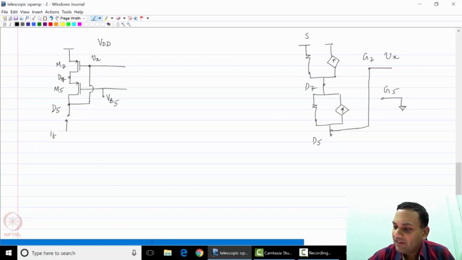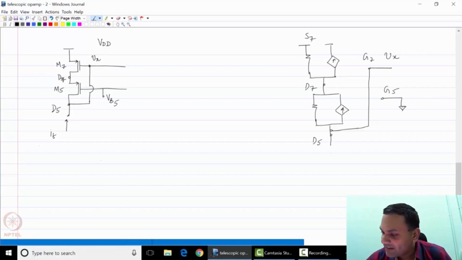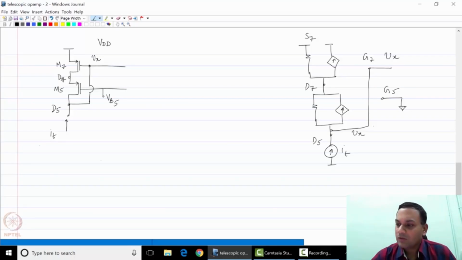The source of M7 is connected to small signal ground, and the source of M5 is the same as the drain of M7. So let us now excite this with a test current source I test and figure out what Vx is. Vx is the same as V test, and that will tell us what Vx by It is, which is the input impedance of the circuit.